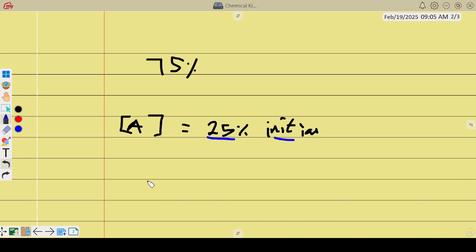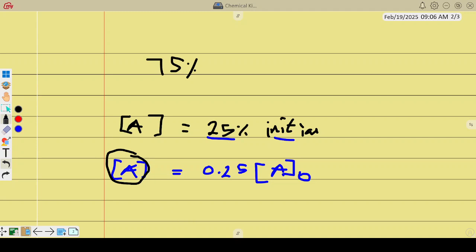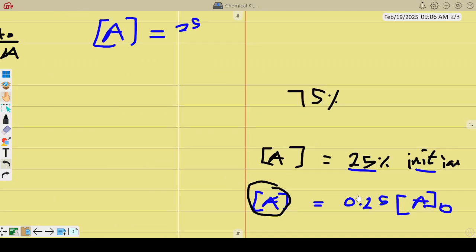So the final concentration that we have, we'll write it. 25%, when we divide by 100, is 0.25. So 0.25 of the initial. Initial is A naught. This which we have written is what we are going to substitute. Where we have final concentration, we are going to substitute this 0.25 of the initial.